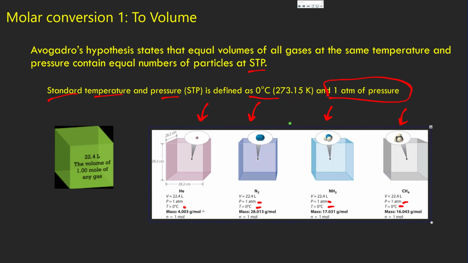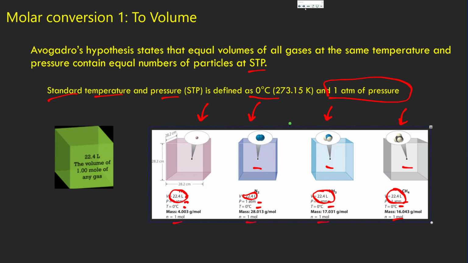The number of particles is going to be the same for each of the gases. So 1 mole of helium gas is going to have the same number of particles as 1 mole of nitrogen gas, 1 mole of ammonia gas, or 1 mole of methane gas. All of those will have 22.4 liters. That's the key number: 22.4 is the same for all gases.